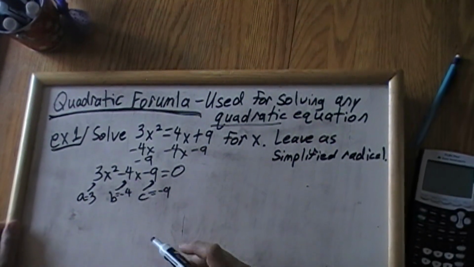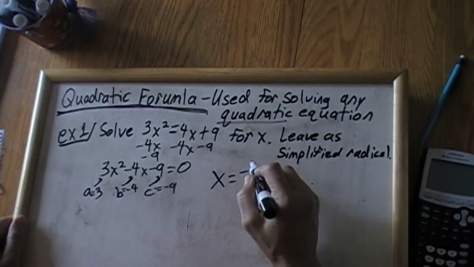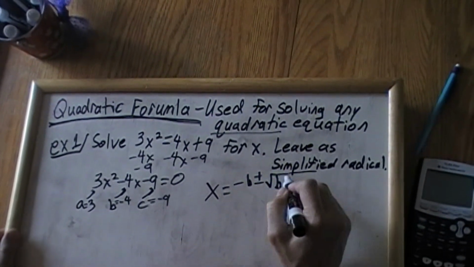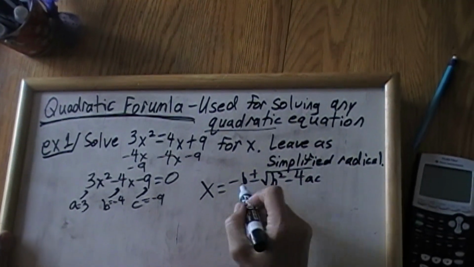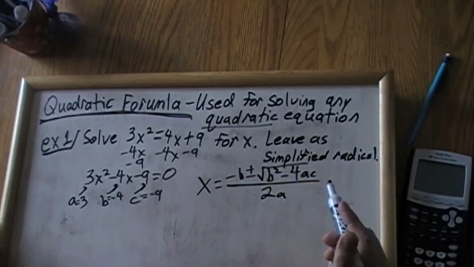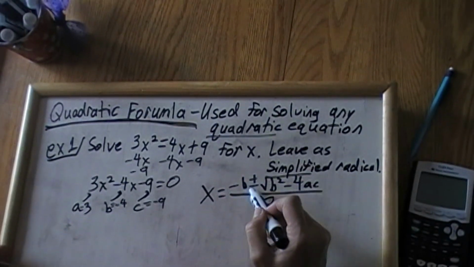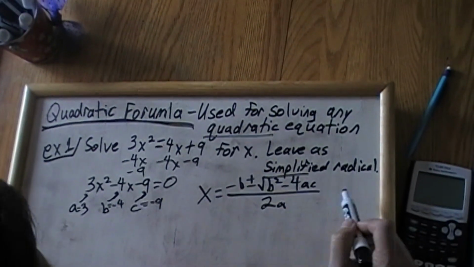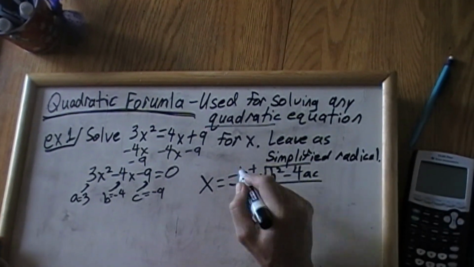We go x equals negative b plus or minus square root of b squared minus 4ac all over 2a. Or you might remember it as x equals negative b plus or minus square root b squared minus 4ac all over 2a. I'll make that b look a little bit better for you there.